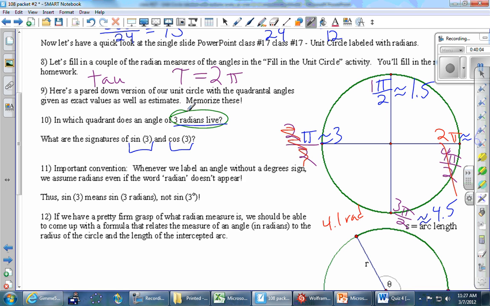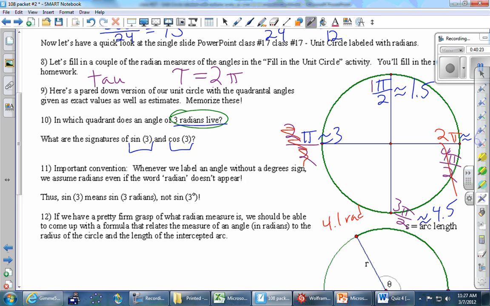If I cover up this part of the word, what does signature mean? You've talked about the sign of a number in a math class, right? Positive or negative. The word signature is the full-on word for what we call the sign. Is the number positive or is the number negative?